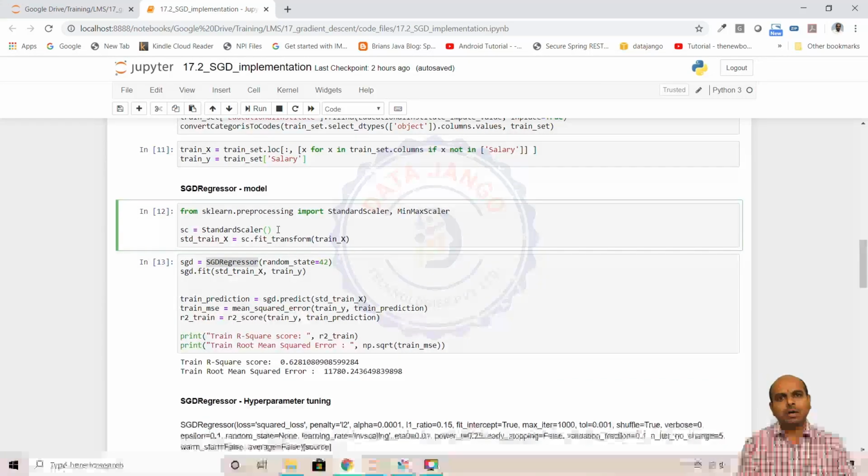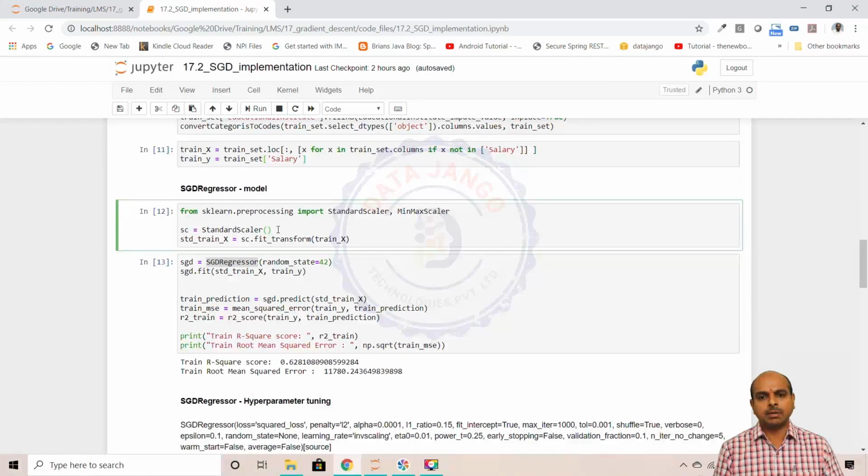I hope you remember what standard scaling is. It is nothing but subtracting the mean of each column from the data points, and then dividing by the standard deviation. When we do standard scaling, there is no guarantee that all columns will come in the range of -1 to 1, but all the columns will come to a similar scale. That is enough to get good accuracy on SGD regressor or the gradient descent algorithm.